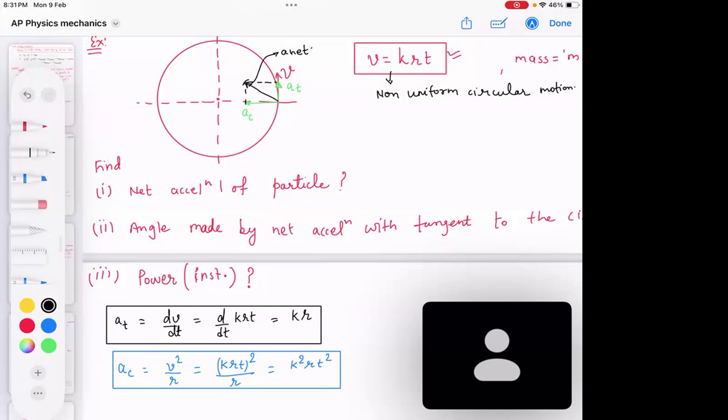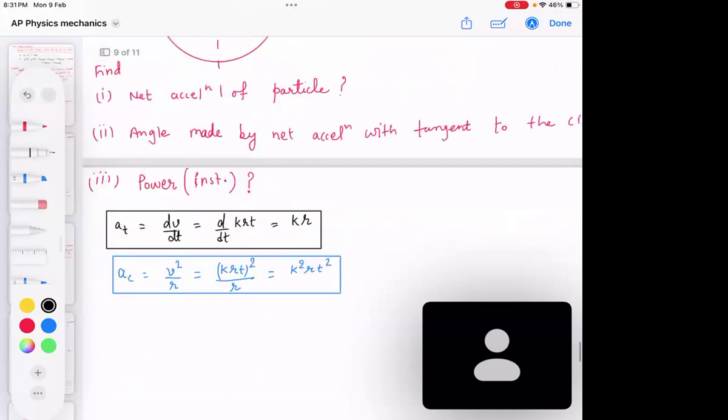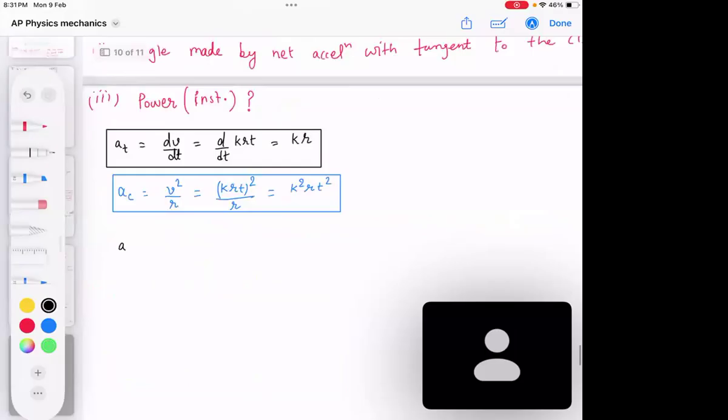If the question asks what is the net acceleration, the net acceleration of a particle doing circular motion is the square root of tangential acceleration square plus centripetal acceleration square. Let's put the values. Tangential we have kr, square. Centripetal we have k square r t square, whole square.